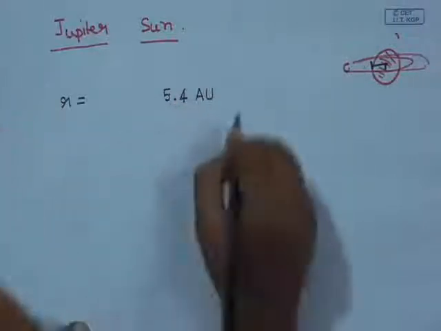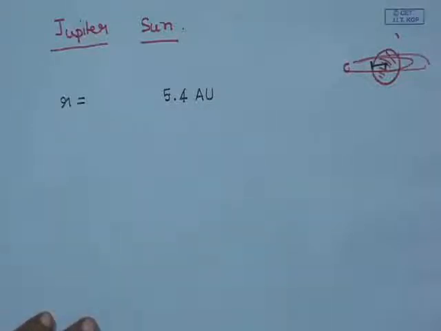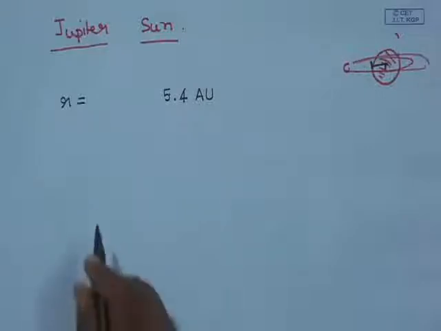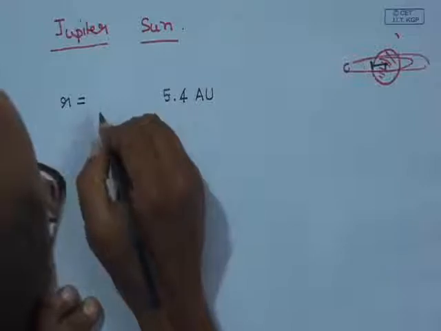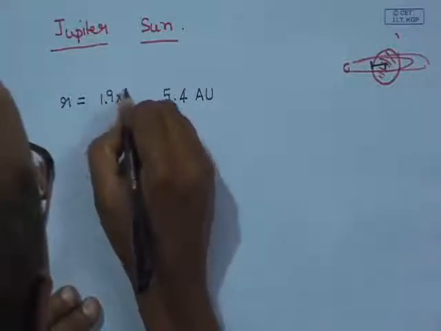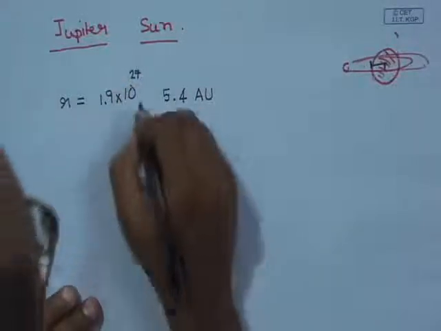This distance will get scaled down by the mass of Jupiter. The mass of Jupiter is 1.9 into 10 to the power 27 kg.